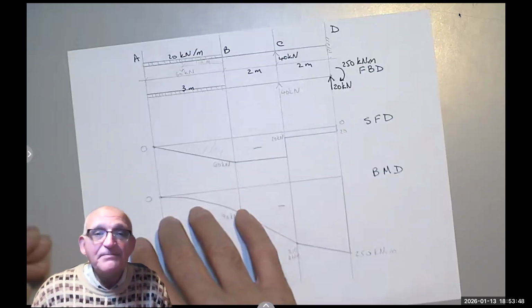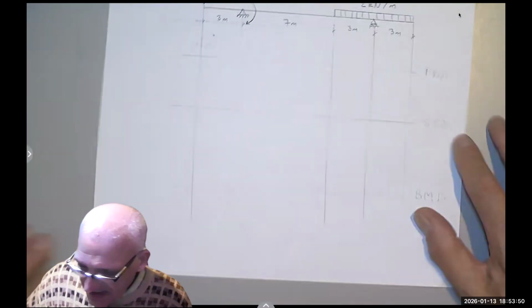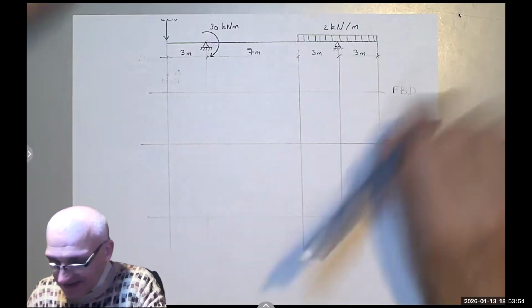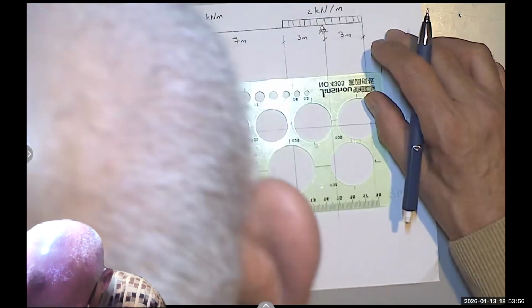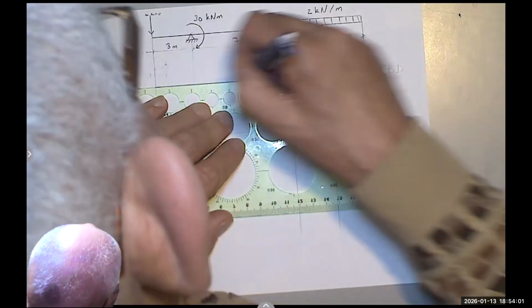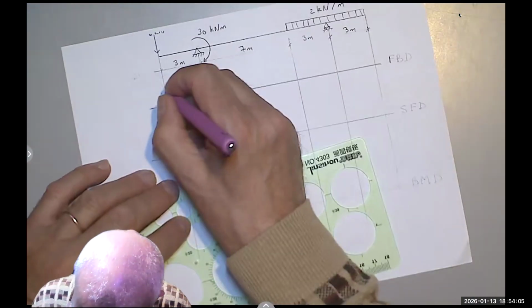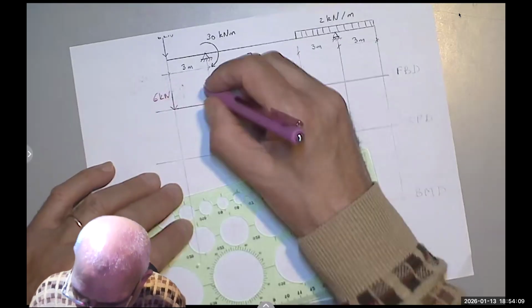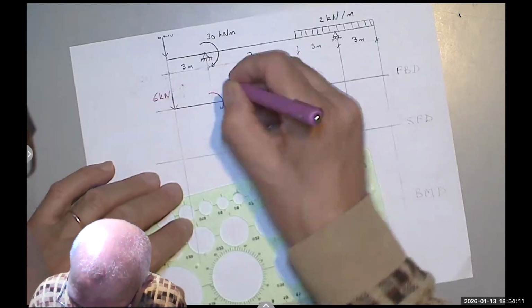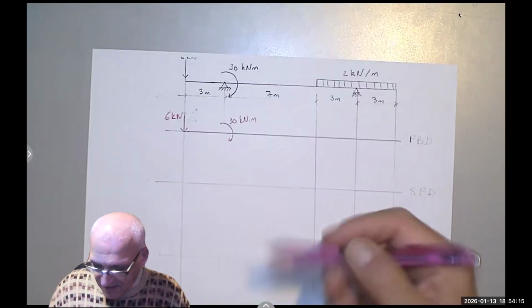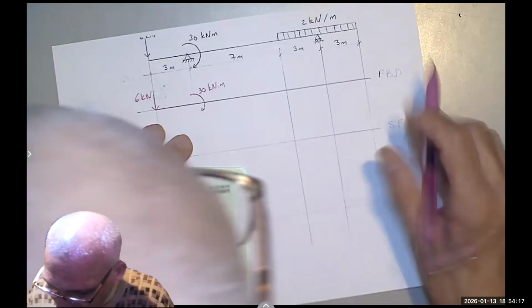That's the first example. The second example is here on the back. I'm going to start with a free body diagram again. The different colors show I have a 6 kilonewton. Here there is a 30 kilonewton meter clockwise moment that will be considered as positive in the bending moment diagram.